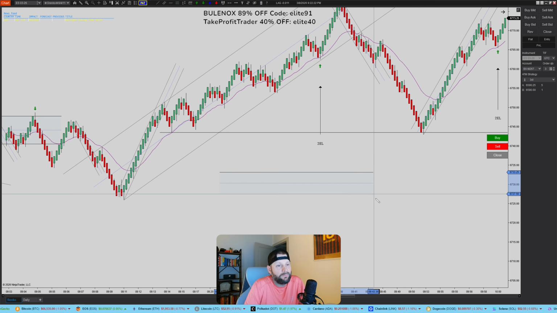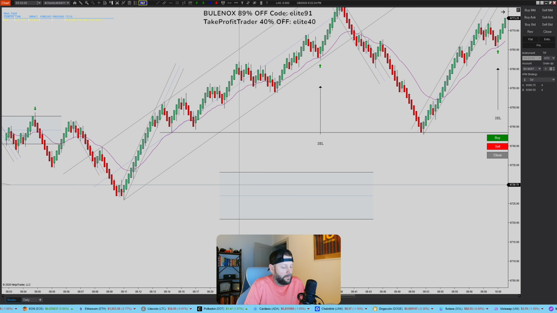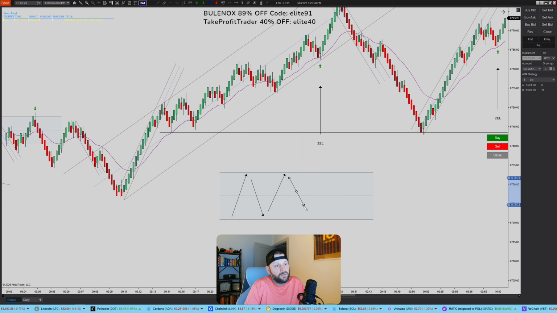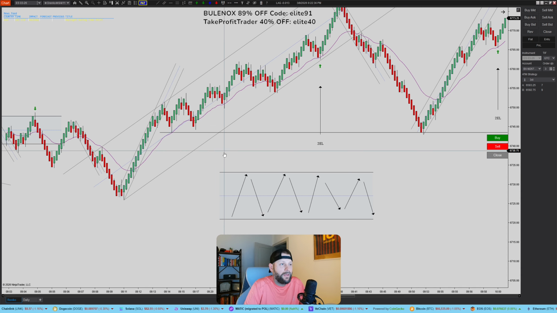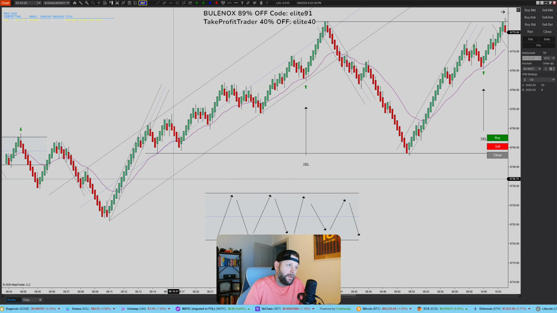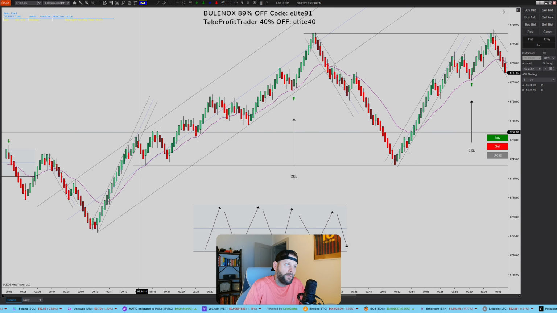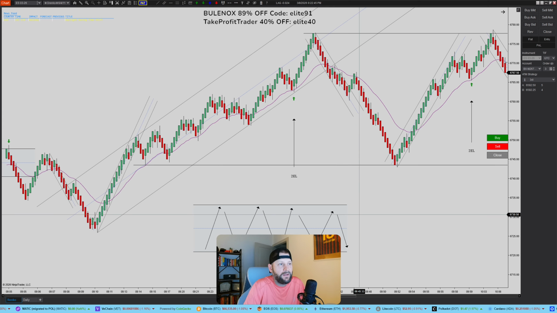A channel is a vertical support and resistance, right? That's what it is. So price is doing this in the range, support, resistance. And in a channel, it's the same thing. You have support here and resistance here. It's the same exact thing as a range.